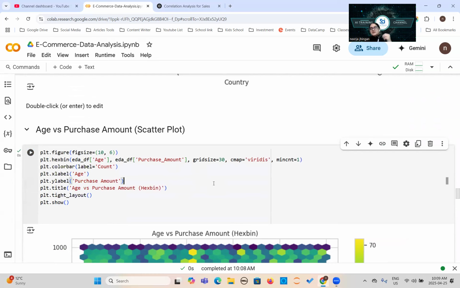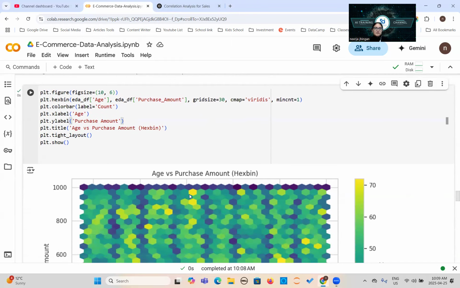Maybe the younger age between 18 to 20, they are spending more money. They are buying the more expensive product. The age above 70, they are buying the less expensive product. Maybe they are also buying the most expensive product, right? You are more interested in that.